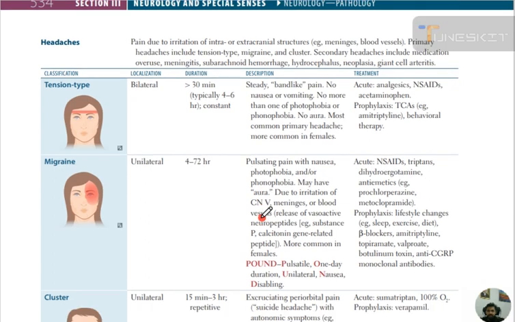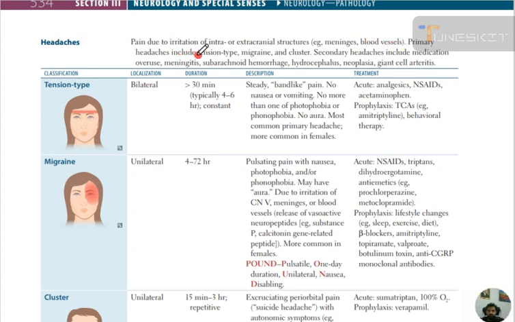The next one is headache, a very important OPD complaint, especially in females. Headache is pain due to irritation of intra or extracranial structures, e.g., meninges, blood vessels.